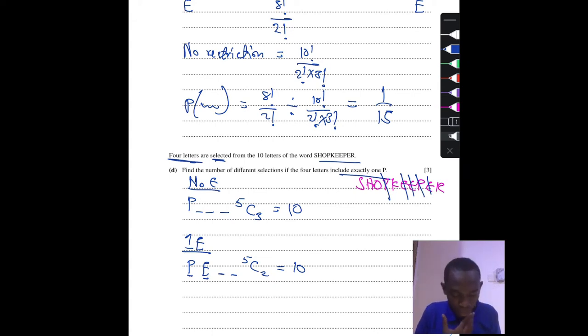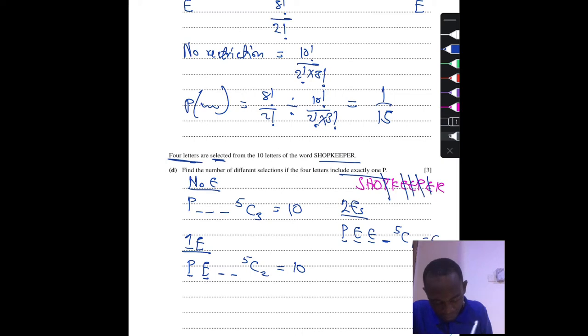Great. Now let's look at when we have 2 E's. So we have the P there, an E, another E. Okay, so we are left with 1 last slot, but we have 5 observations there. So that would be 5 combination 1. We just need 1 of them, and that's 5.